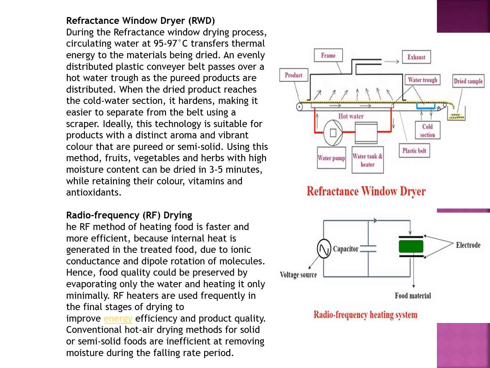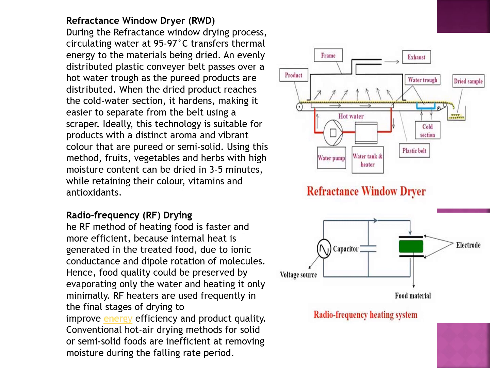Next is refractance window drying. In this, the circulating water at 95 to 97 degrees Celsius transfers the thermal energy to the material that is being dried. An evenly distributed plastic conveyor belt passes over a hot water trough as the pureed products are distributed. When the dried product reaches the cold water section, it hardens, making it easier to separate from the belt using a scraper.